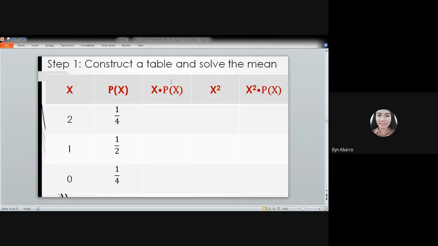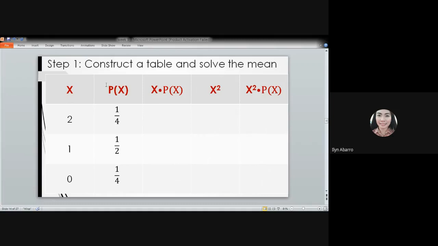Ito yung table na gagawin natin. So, construct a table and solve the mean, the variance, and the standard deviation. So, we have here 5 columns, and in the first column nandito yung value of the random variable x.